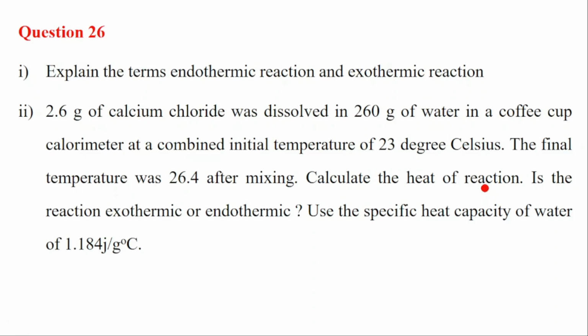They're asking to use the specific heat capacity of water of 1.184 joule per gram degrees Celsius. That means calcium chloride will lose the heat, and that heat is going to be gained by the water.